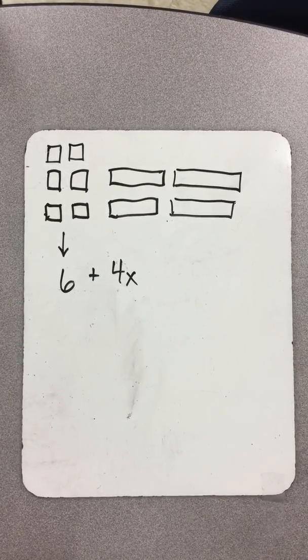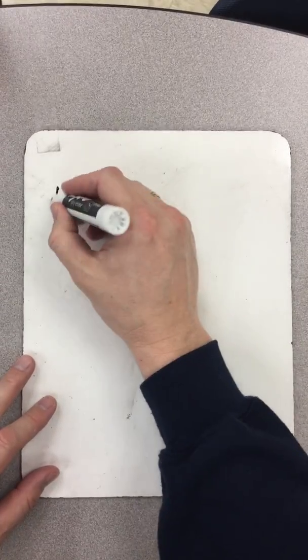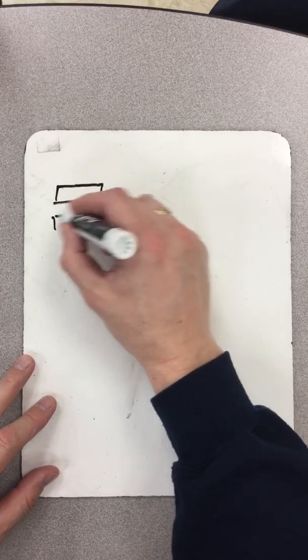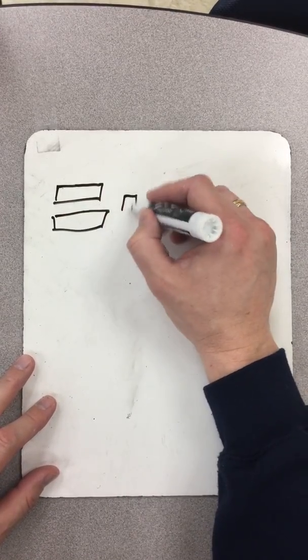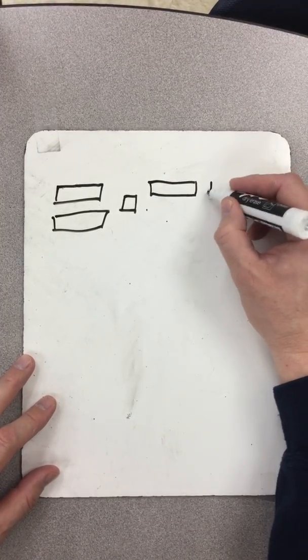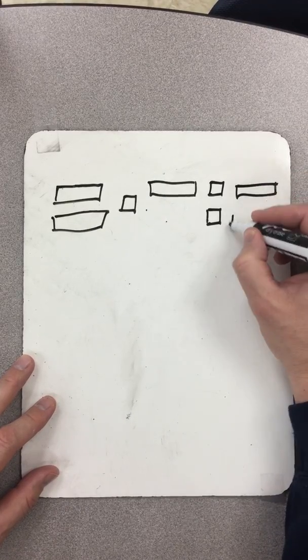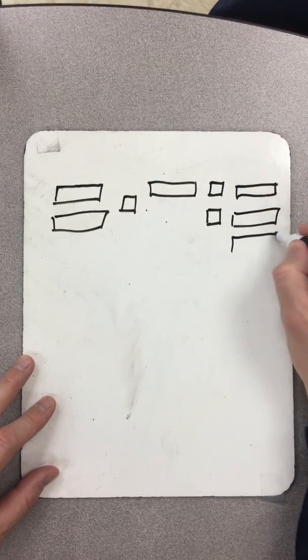Sometimes it can get a little bit crazy. Sometimes with algebra tiles, they'll give you a crazy problem, like here's a long one and a long one, and then a small one, and then a long one, and then two small ones, and then a long one and a long one.